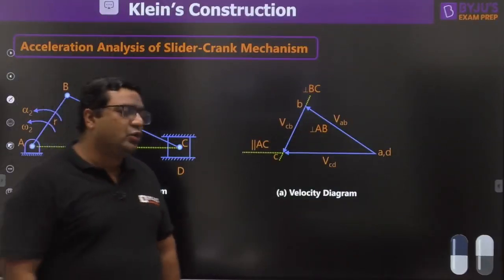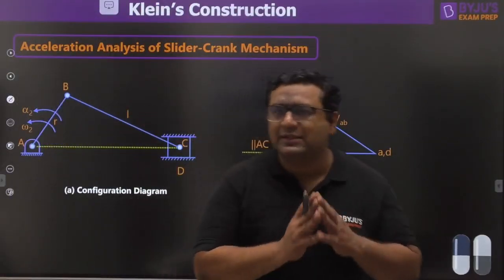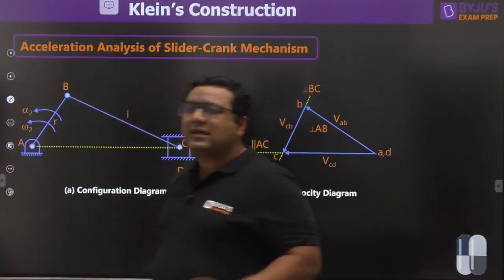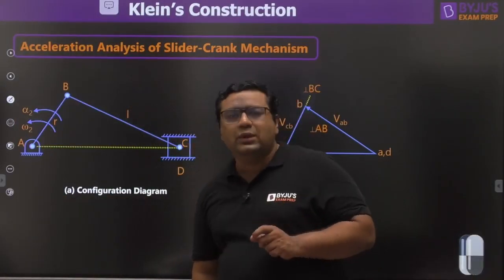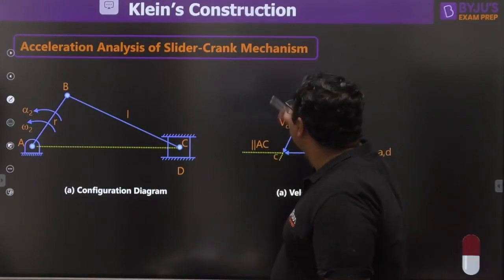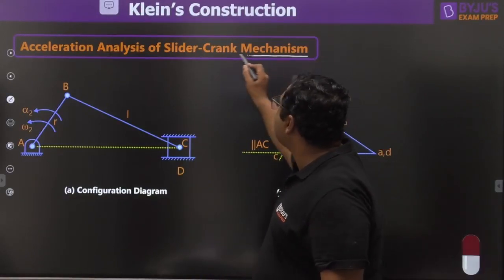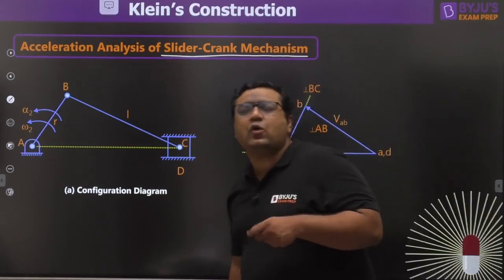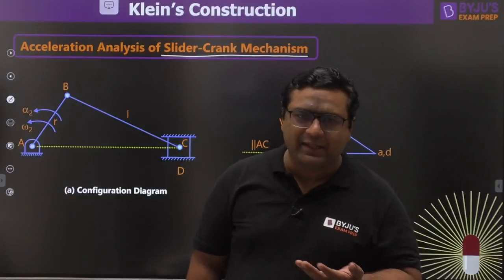When we are talking about Klein construction, we should be clear about one thing, that it is related to the single slider crank mechanism. The single slider crank mechanism is a configuration of the 4-bar mechanism.